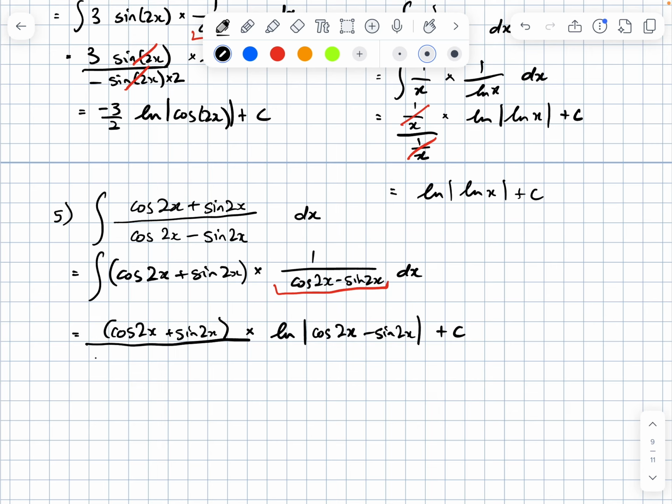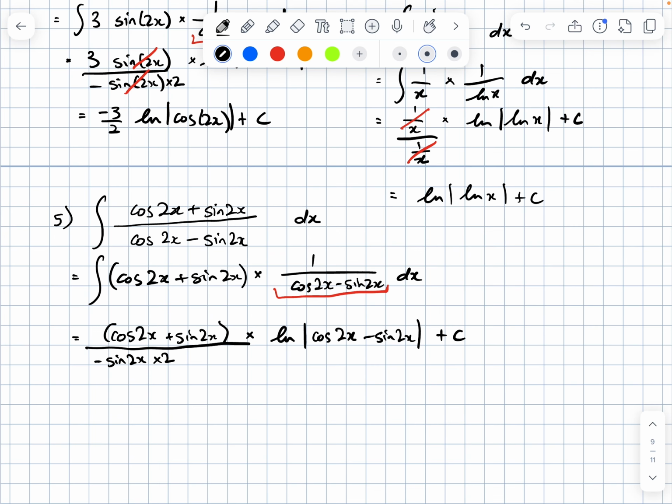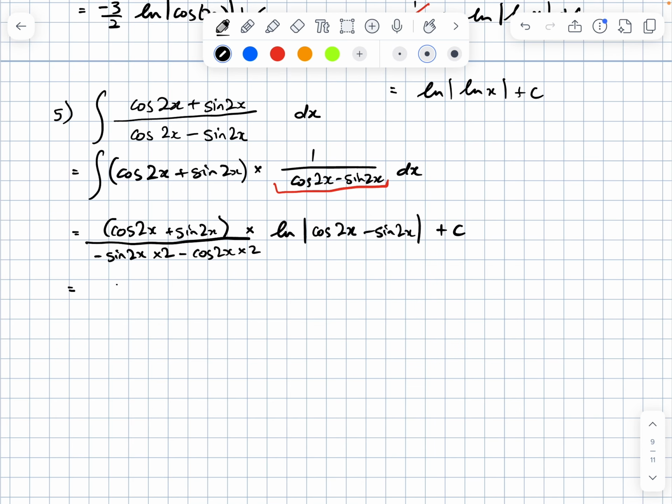Cos 2x differentiates to negative sine 2x times by 2, and minus sine 2x differentiates to minus cos 2x times by 2. On the denominator, we can factorize out a negative 2.